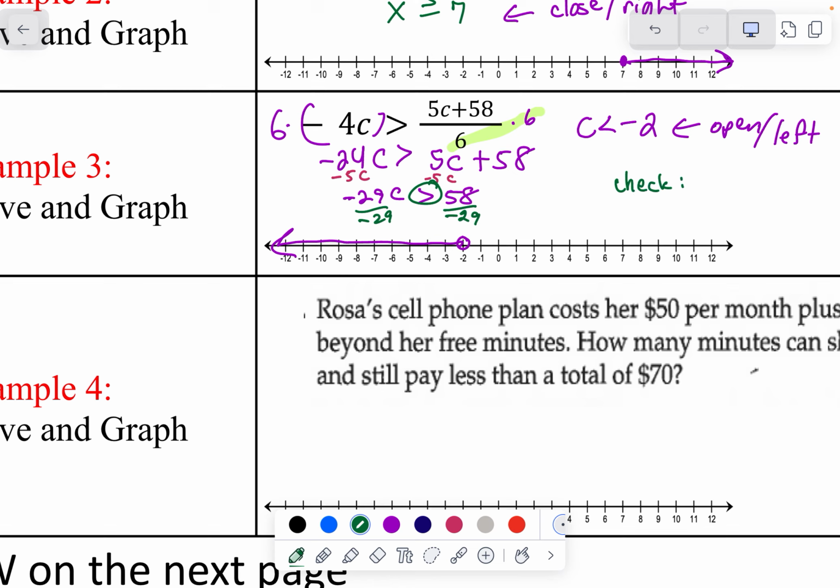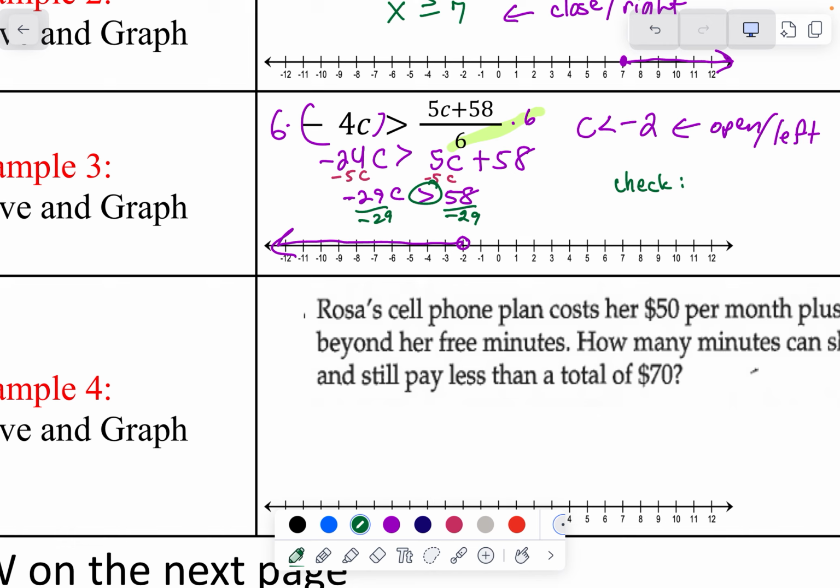If you just pick one number, let's see, let's pick negative 8. So negative 8 is one of the numbers I colored in.